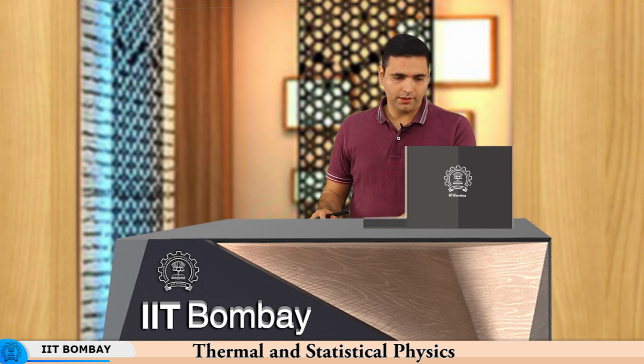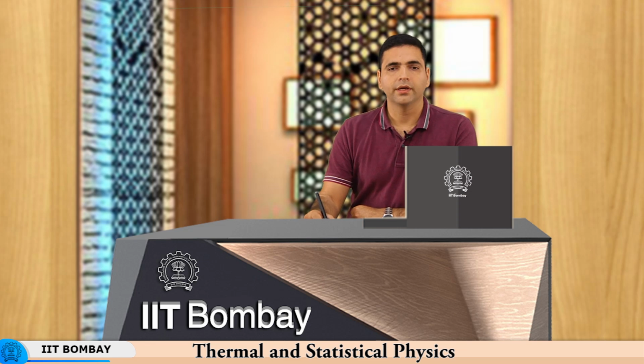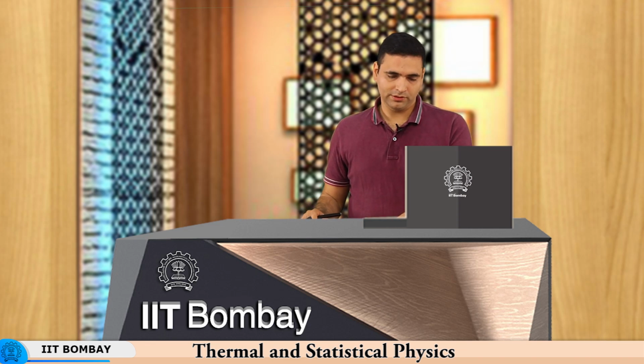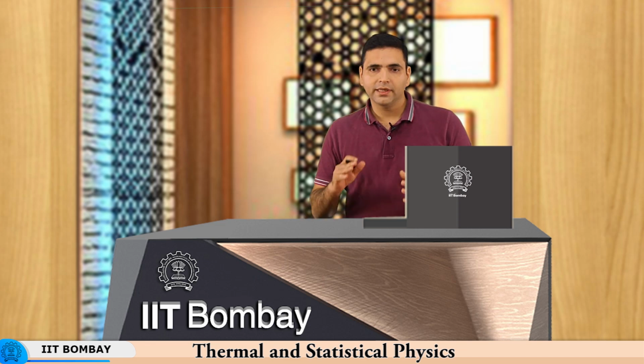We just saw that we can express this entropy S as Kb, the Boltzmann constant, times the log of the number of microstates. Now, I want you to think about it.